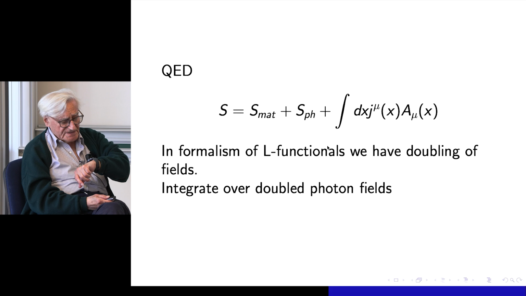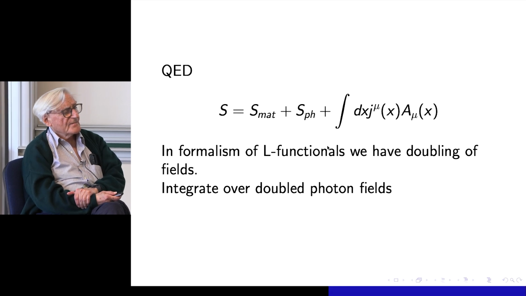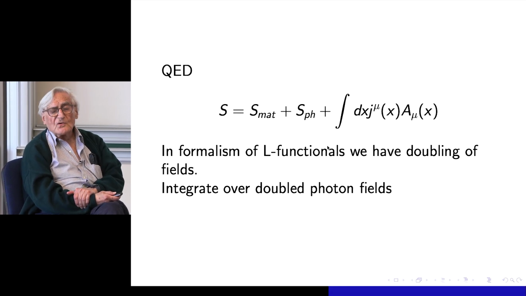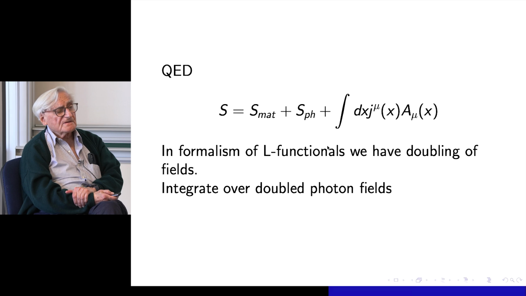So that's really only what I explained: a very simple picture where you have J as the current, as a numerical function.